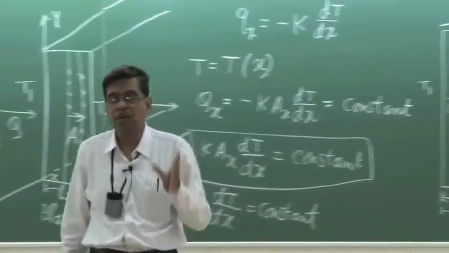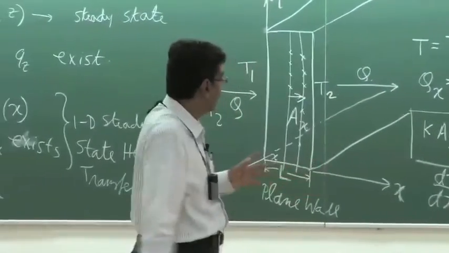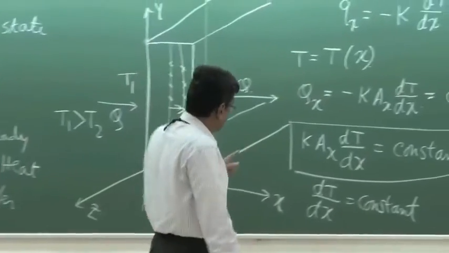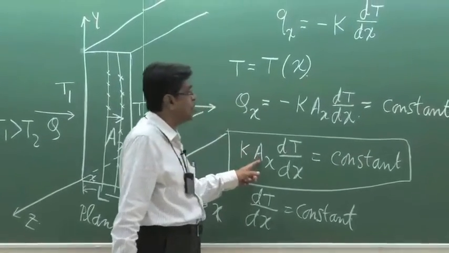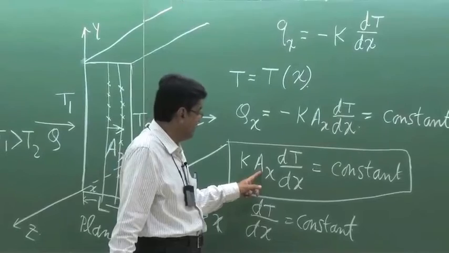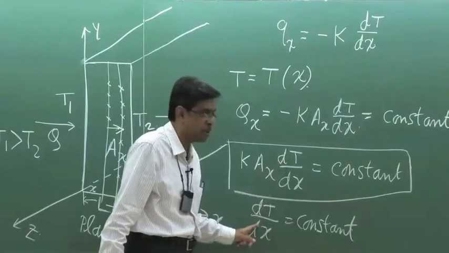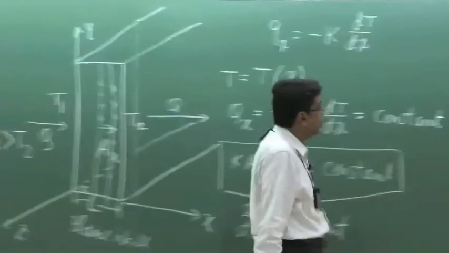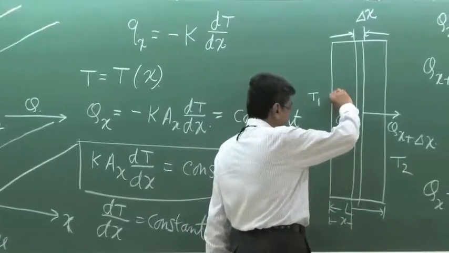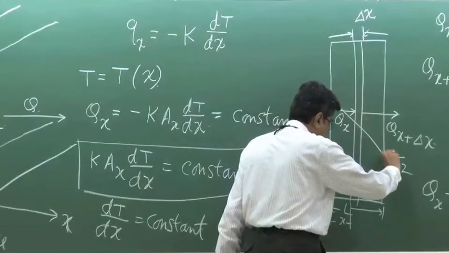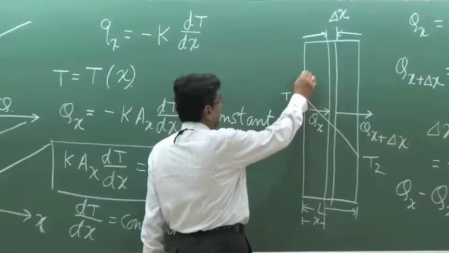Okay? So, therefore, the requirement for a steady one-dimensional flow is this, and if Ax is constant, if it is a plane wall, then dT/dx is constant. So, therefore, for a plane wall with constant thermal conductivity, we have a temperature.